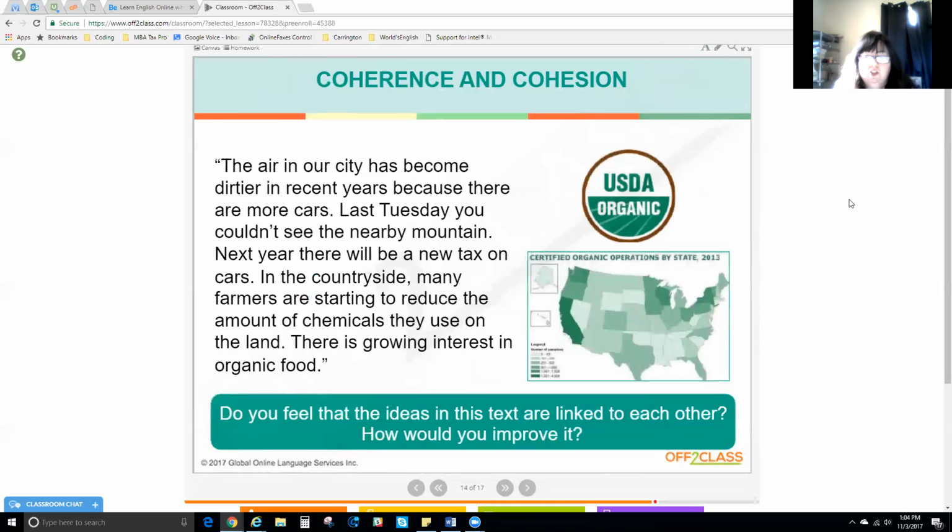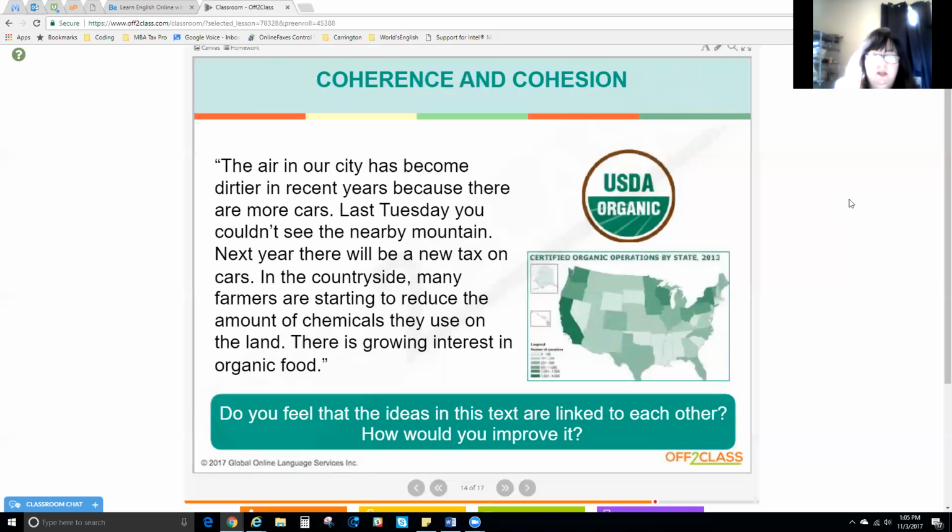Coherence and cohesion. In other words, how well are your topics in your sentences linked to each other? Does it make sense? Let's look at this little essay or paragraph. The air in our city has become dirtier in recent years because there are more cars. Last Tuesday, you couldn't see the nearby mountain. Next year, there will be a new tax on cars.